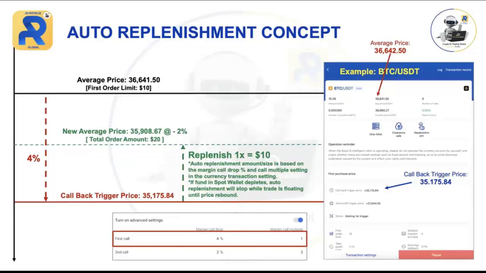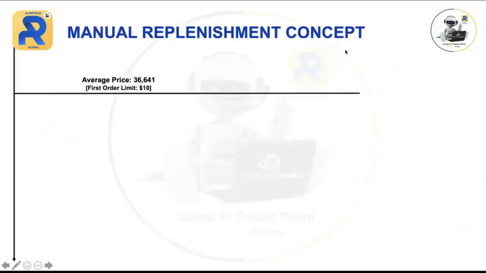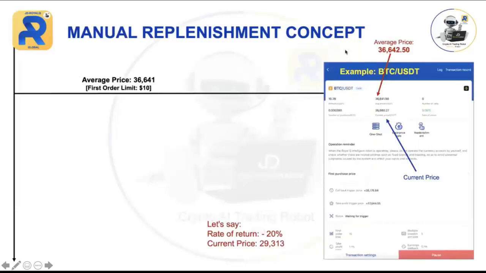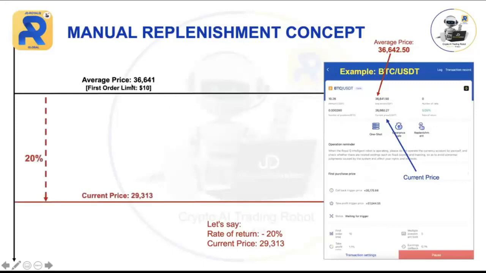Now let's quickly look into the manual replenishment. For the manual replenishment, we don't really worry about the trigger price, because we're going to manually manipulate the market. So let's say, for example, you have an average price and the market actually goes down by 20%.